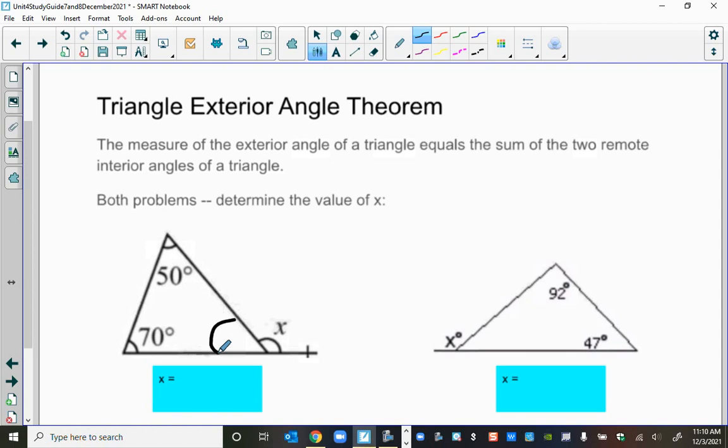Regarding just these two numbers, what can you do to these two numbers to get that number? Just add them up. Yeah, you can do that too. Add them up, bang. Because in the end, these three all have to add up to 180. But x plus whatever's here also has to add up to 180. So in the end, you can just add those two up, bang, you got it.